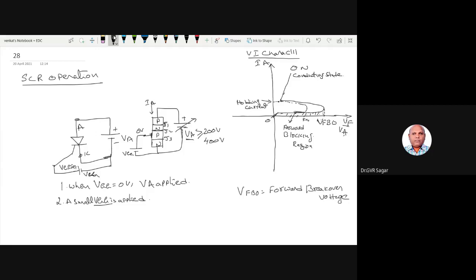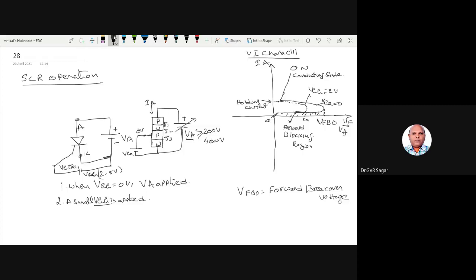So this is also one way of turning the SCR on. This is when VGG is equal to 0, and this is when VGG is applied, right? A small voltage, maybe 2 volts or 3 volts, maximum of 2 to 5 volts. This range is 2 to 5 volts, not more than 5 volts, right?